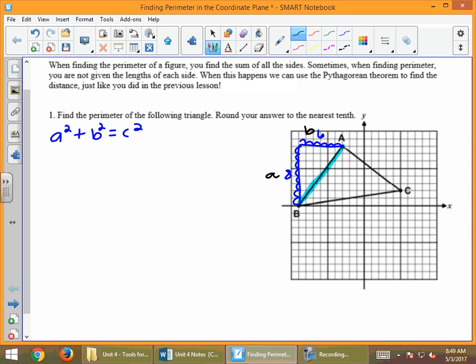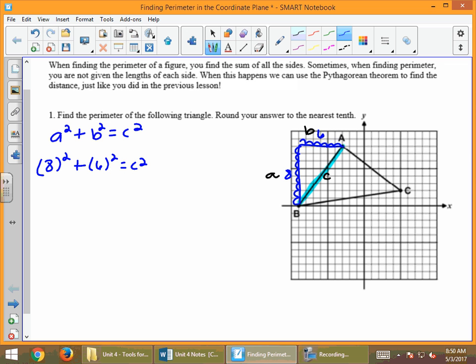A, B doesn't matter, but the slanted one's always your C. And plug those values in. 8 squared plus 6 squared equals c squared.